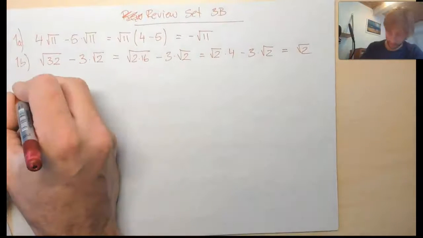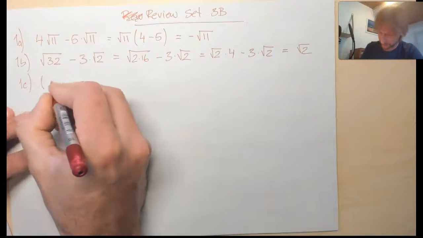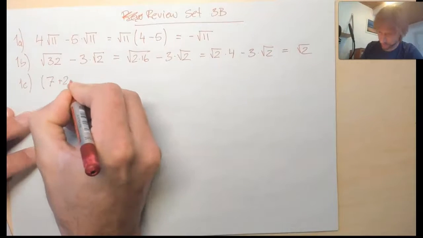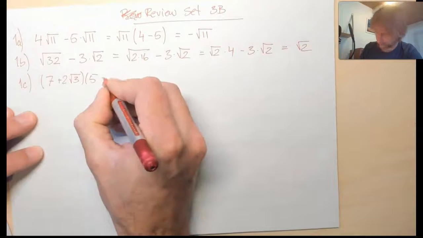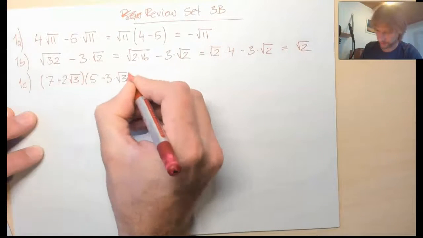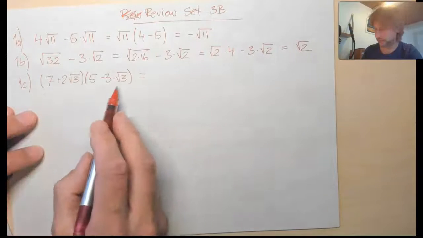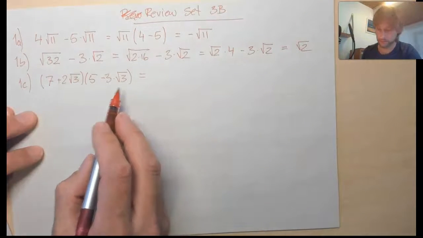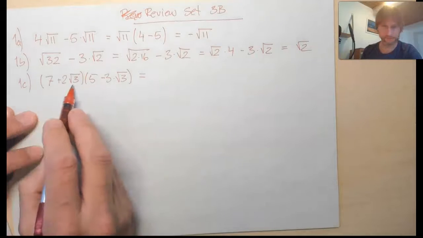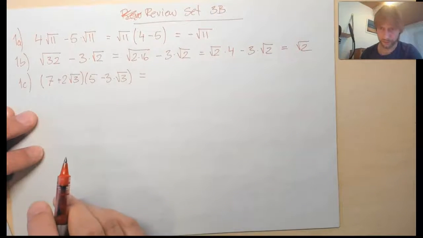Right. Question 1c, we have bracket 7 plus 2 times the square root of 3 multiplied with 5 minus 3 times the square root of 3. And this is just expanding brackets that are multiplied with each other. Since each bracket has two terms, then we get to multiply every term from that bracket with every term from this bracket, and that's going to give us 4 terms in total.